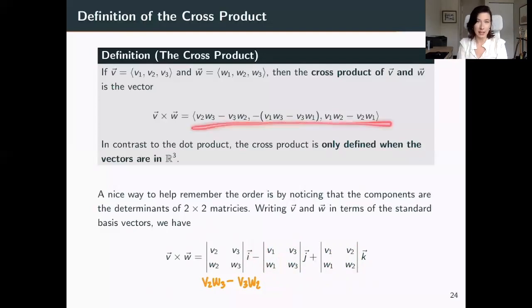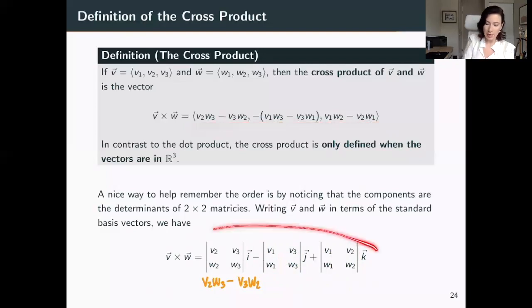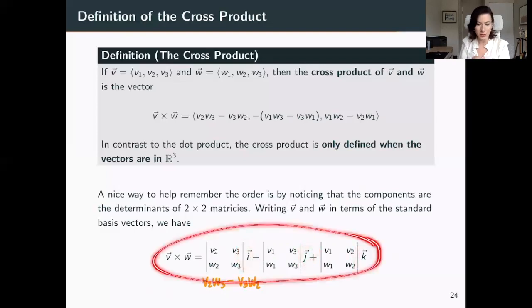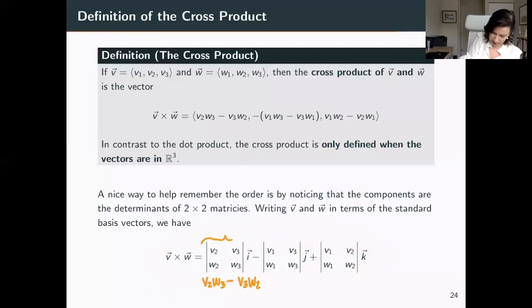Here, I've written it in component form, whereas in this conceptualization using the determinant notation, you write everything in terms of our standard basis vectors, i, j, and k. This method might be a little bit easier for you to remember. Again, here, this is the determinant. If you want to use the determinant, you are welcome to. If you would prefer to have this version, then feel free to use that.